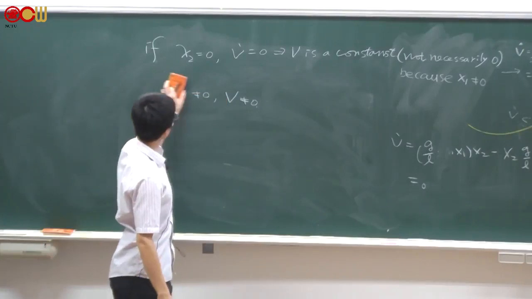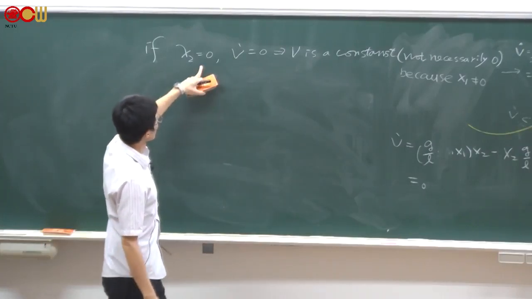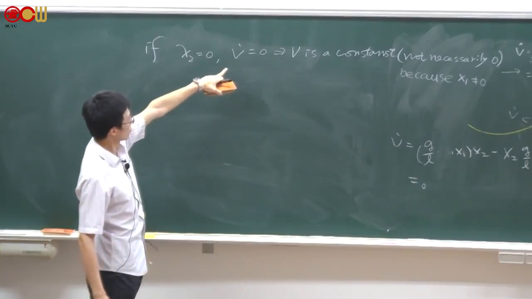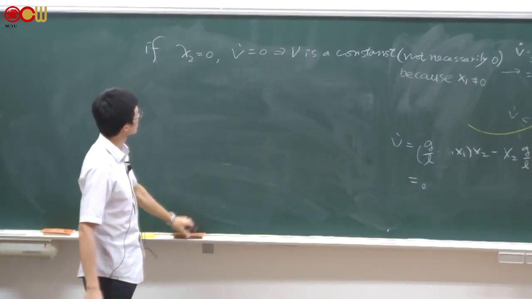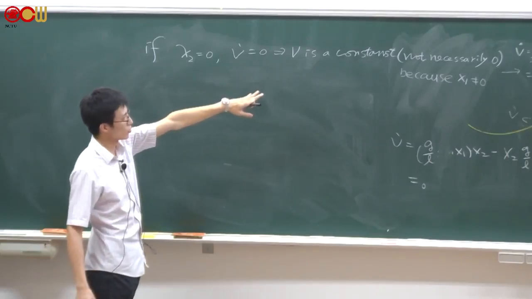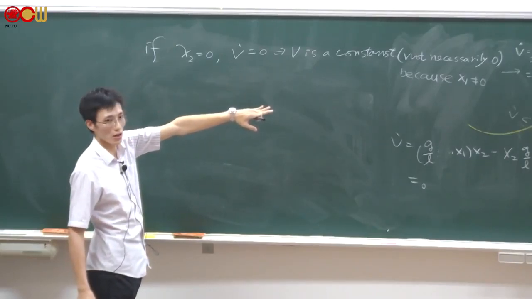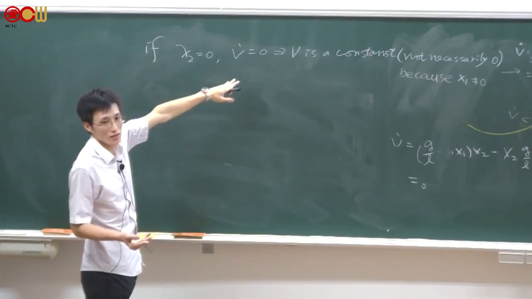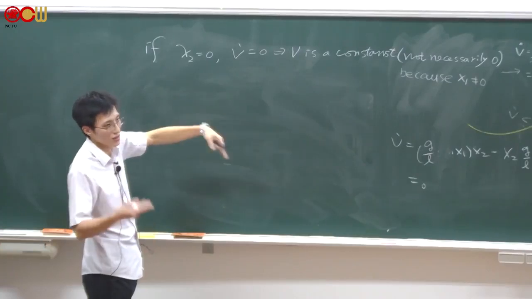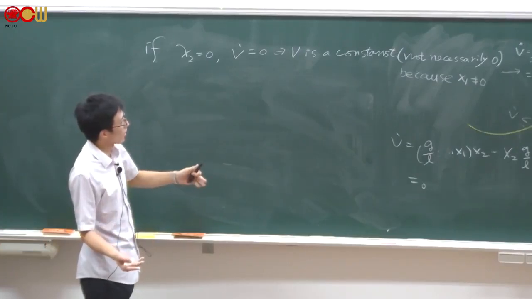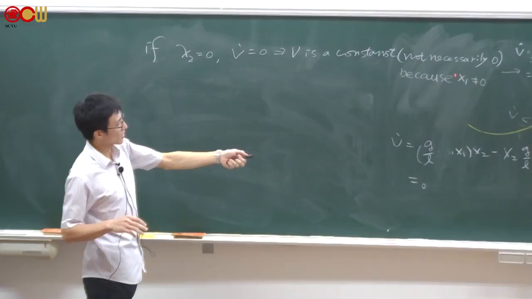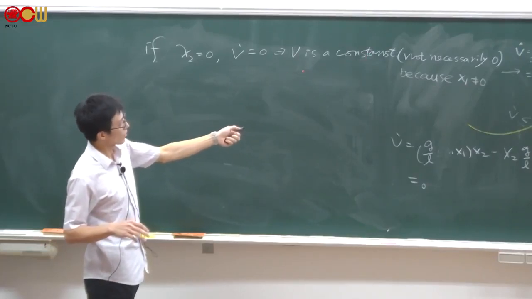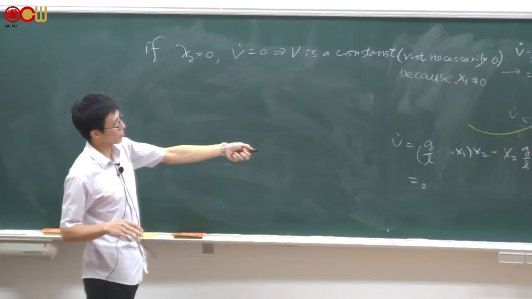If x2 is 0, it only means V is a constant, which is not necessarily 0. Because V dot is 0, V doesn't change, so V is constant. But 1 is also a constant, 2 is also a constant, 0 is also a constant, right? So why is V not 0? Why is the constant not 0? Because x1 is not 0.